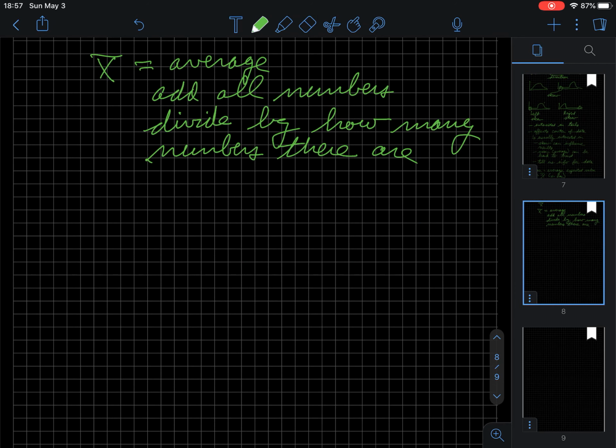It's kind of cumbersome to write all that out, so the way this usually gets summarized is to use the summation symbol, this goofy looking E called sigma. We sum all the X and divide by the number of them.